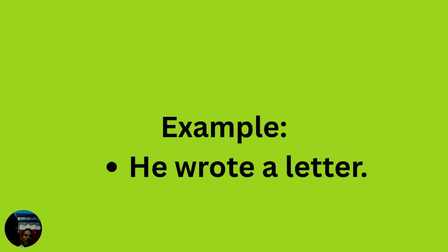Now it's your turn. Can you tell two sentences in a transitive verb? Let's begin. I think many of you might have already guessed, and some of you might have written, and some of you might have said with your friend.